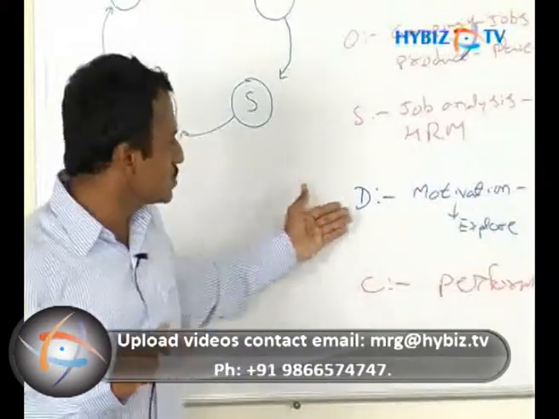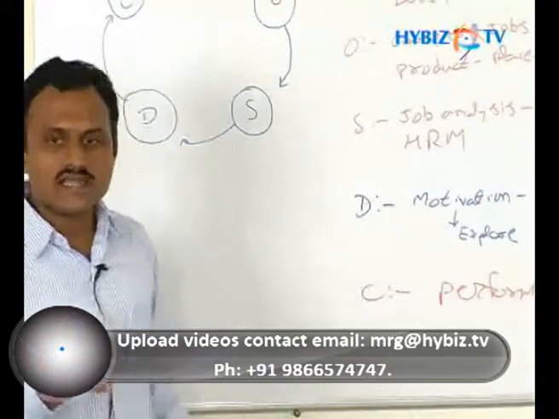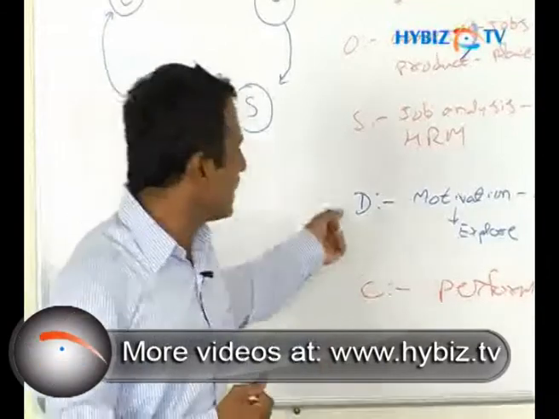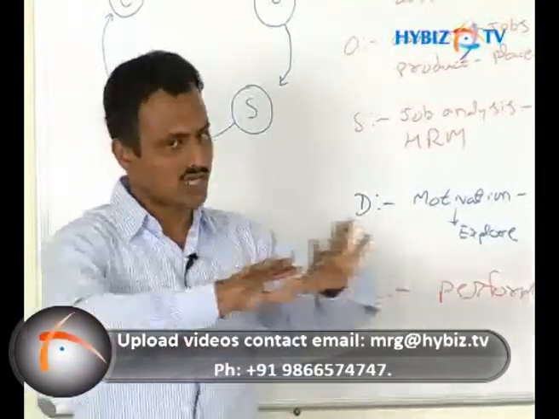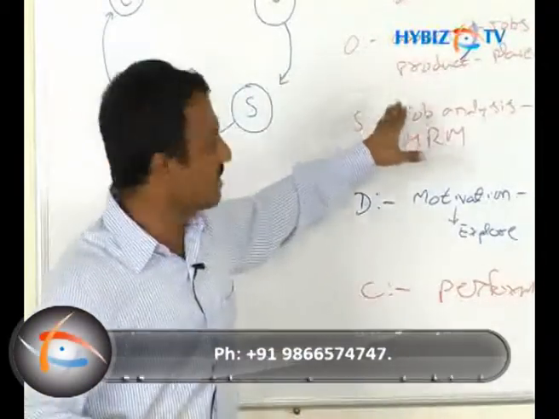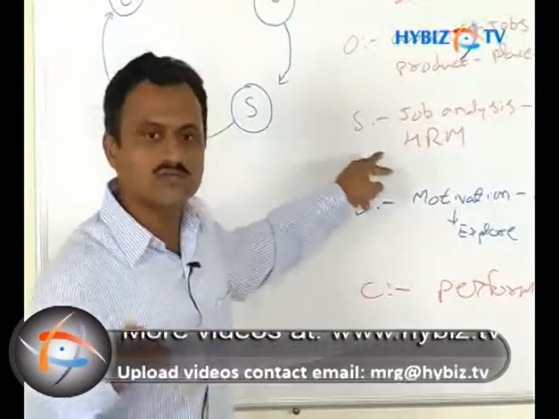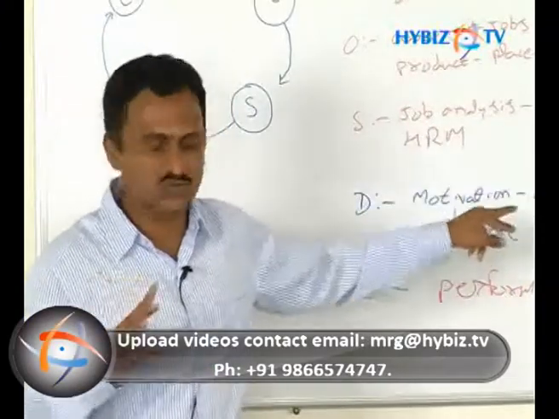And if you see the next activity, what is the next activity? Directing. Directing we can also call leading. In directing, there are two important components. So I established a fruit industry, I organized the jobs, grouping of jobs is over, recruitment of employees is over, that is, job analysis and the human resource process is over.